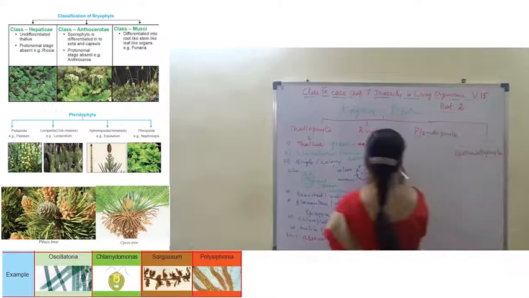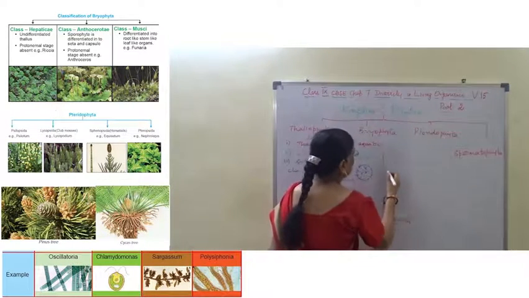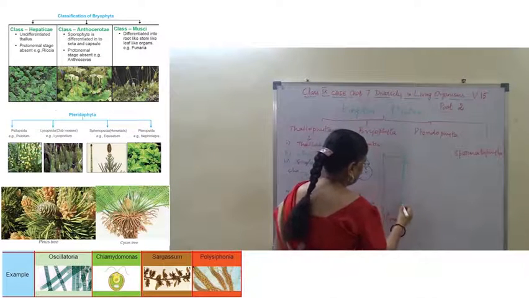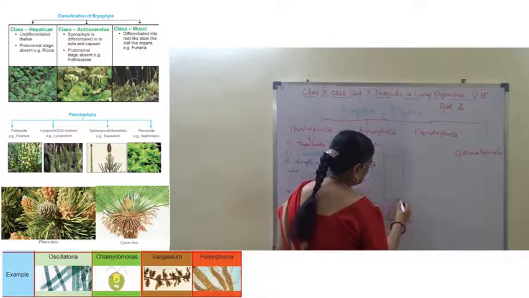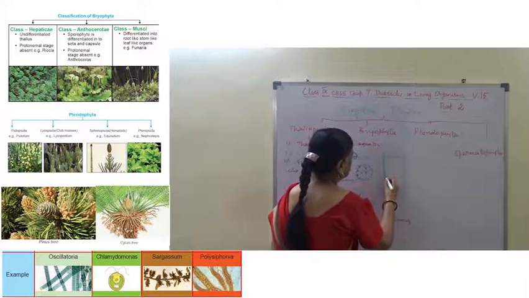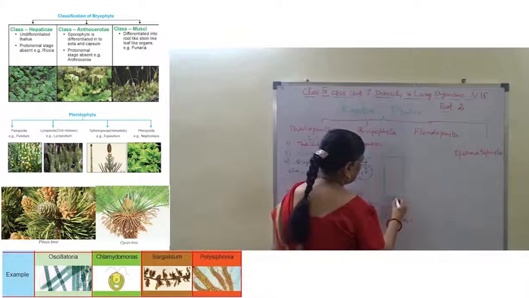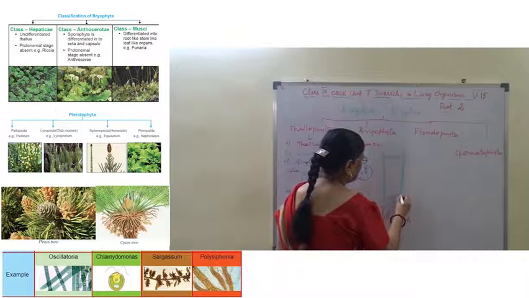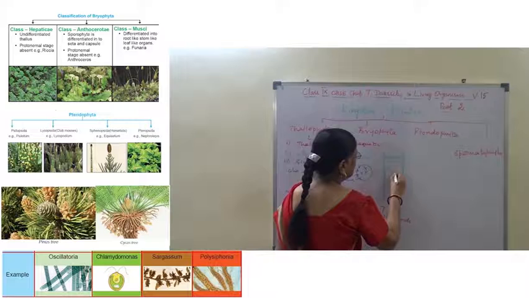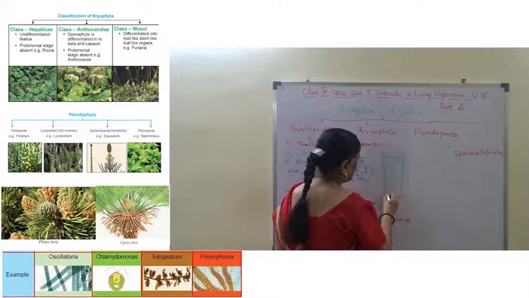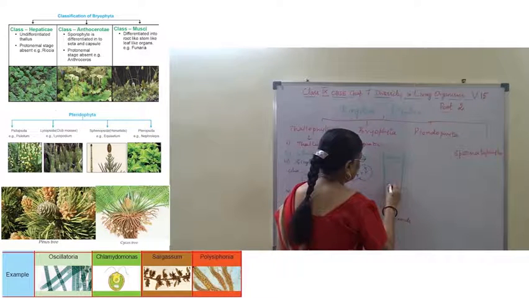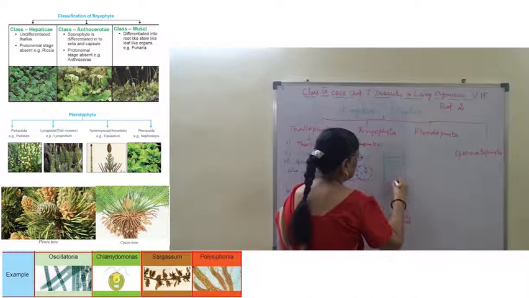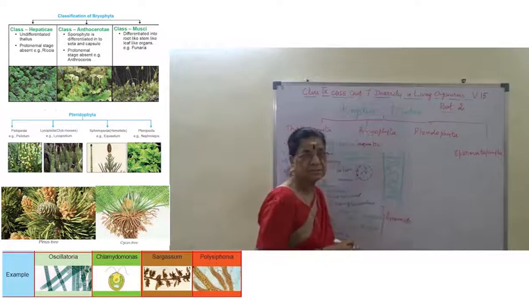So here, first, I'll draw an example on the board. This is Spirogyra, a single cell, having an outer cell wall, inner to that the cell membrane, and then it has a spiral-shaped chloroplast, otherwise called ribbon-shaped chloroplast.